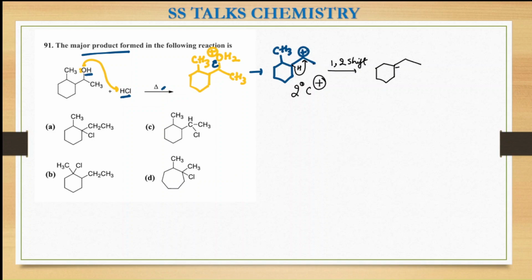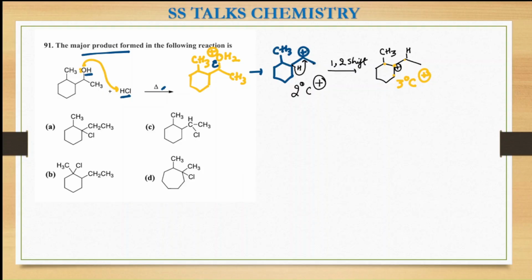Here the positive charge will be formed on this carbon center, and the hydrogen has shifted over here. Here the methyl group is remaining as it is. So this carbon center that we have generated now is attached with 3 carbon centers. So you have got a tertiary carbocation, which as compared to the secondary carbocation is more stable in nature.